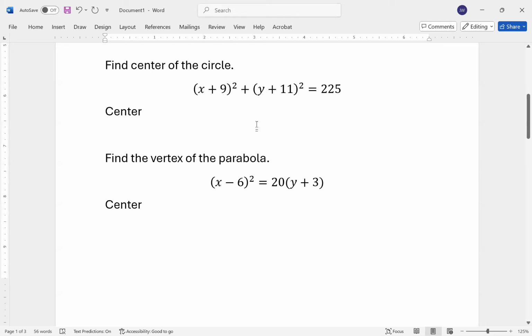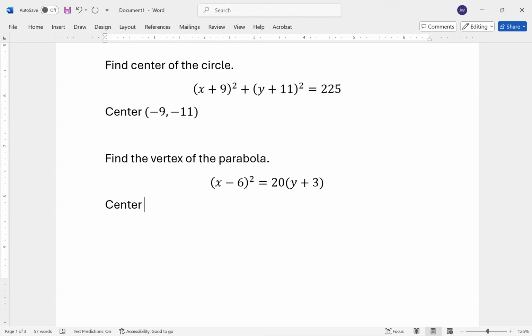All right, for the circle, we have x plus 9. So the x value of the center of the circle is going to be negative 9. And we have y plus 11, so the y value for the center of the circle is negative 11. So the center of that circle is negative 9 comma negative 11.